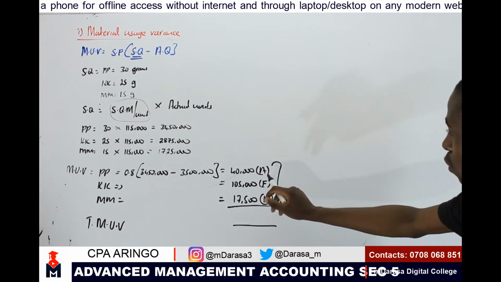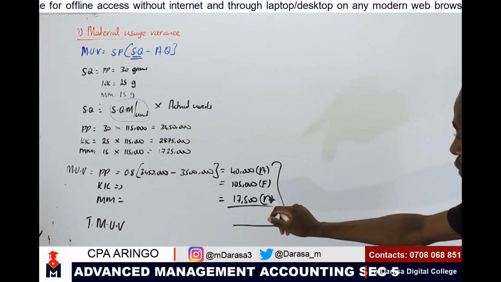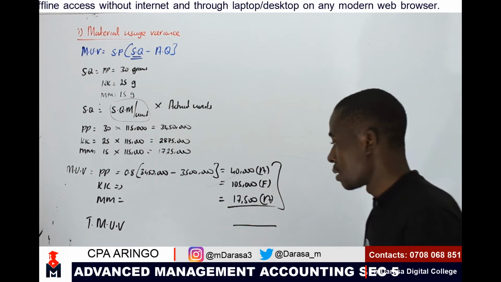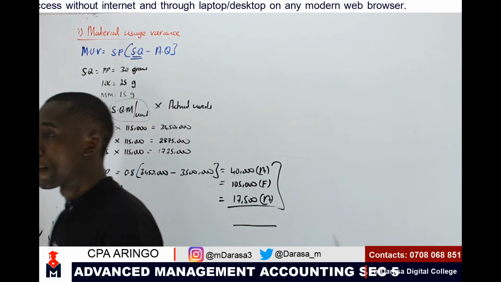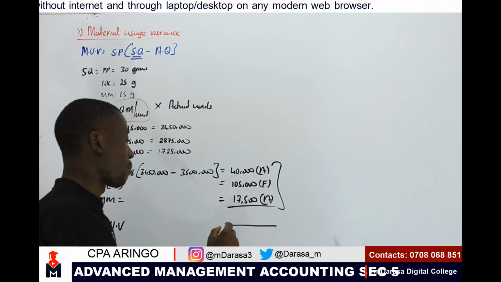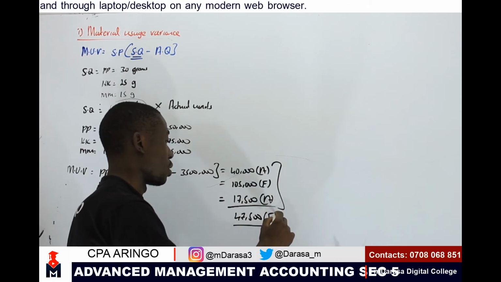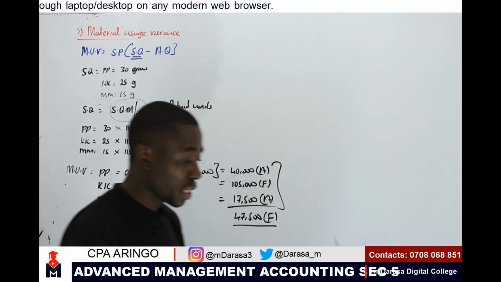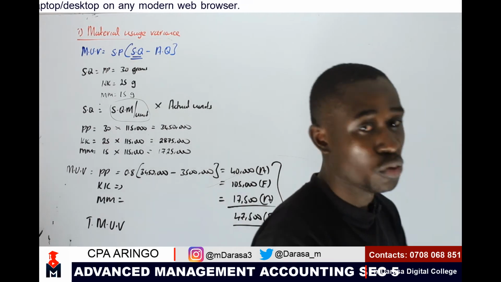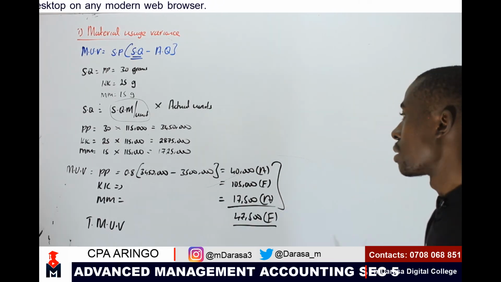Just add for me 40,000 adverse, 105 favorable, 17,500 adverse. 47,500 favorable. Okay. Are we getting the same answers? Ama kuna ule anapata answer tofauti? Same answers?